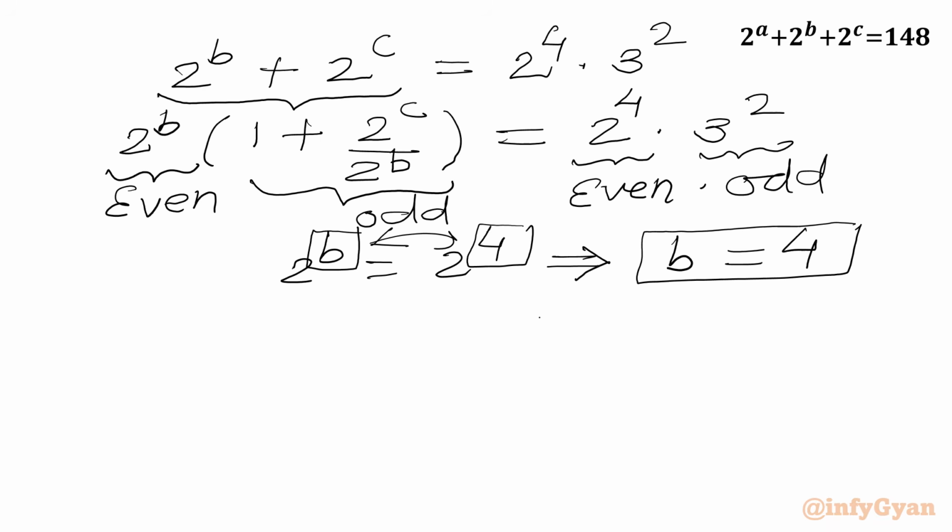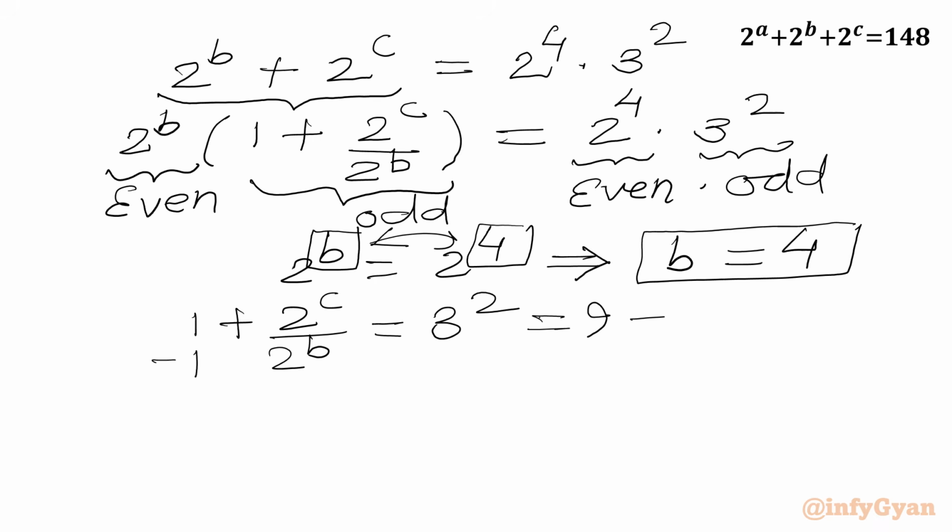Now we will compare the odd part. So we will write 1 plus 2 power c over 2 power b equal to 3 square, which is equal to 9. We'll subtract 1 from both the sides. We'll write minus 1, minus 1. So plus 1 and minus 1 will be 0. We will write 2 power c over 2 power b, and b is 4.